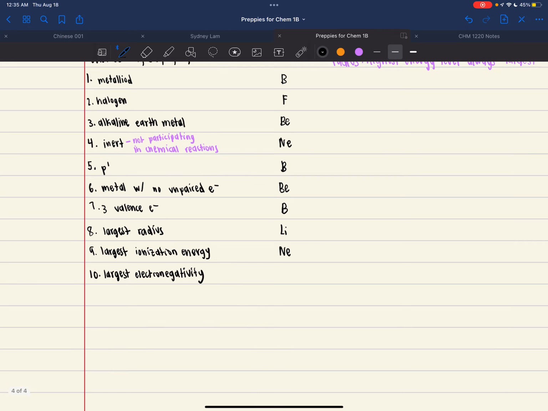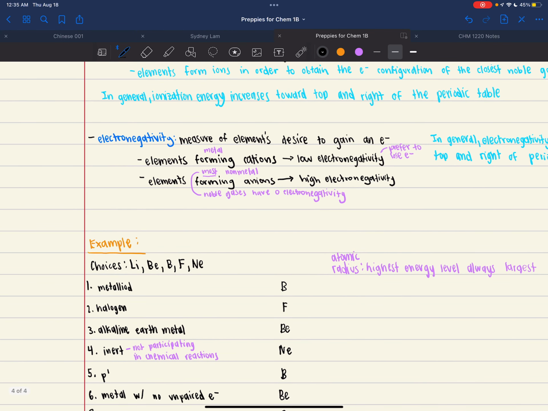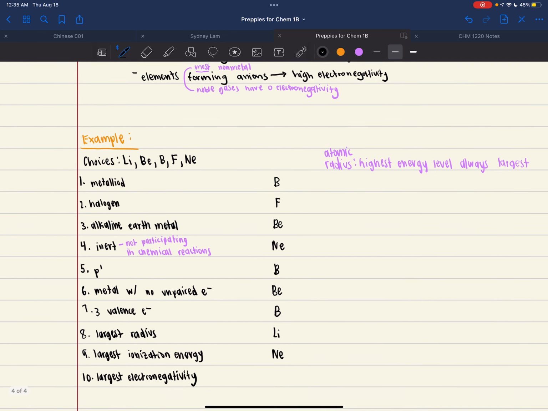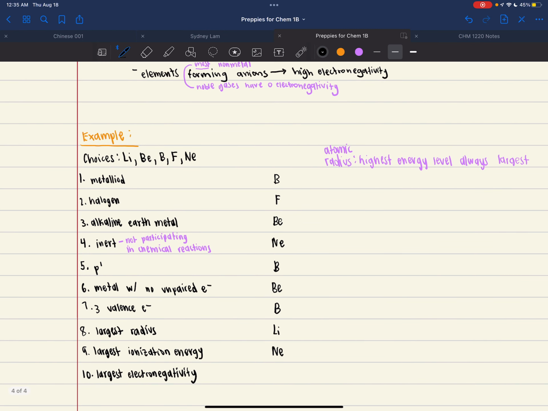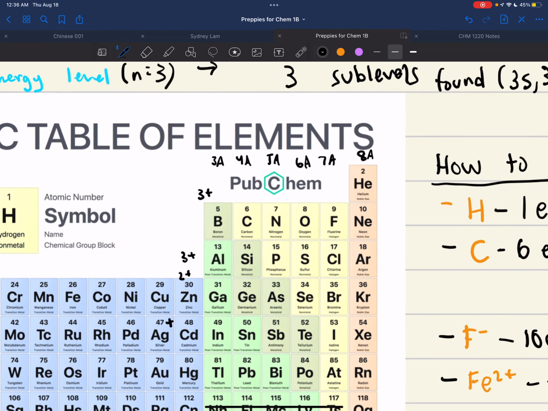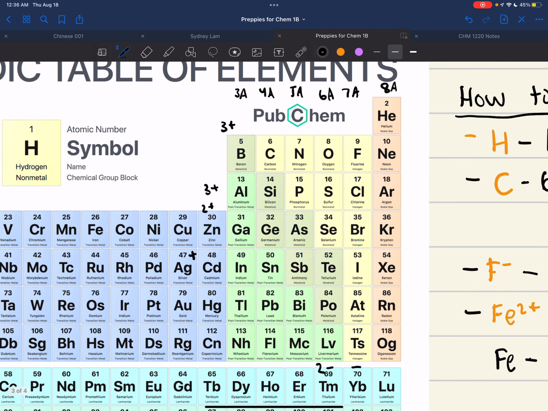And largest electronegativity, we know that noble gases have a zero electronegativity. So it would be whatever is the most top right, excluding neon, and that would be fluorine. Once again, it's almost at its ideal state, as long as it gains one more electron.